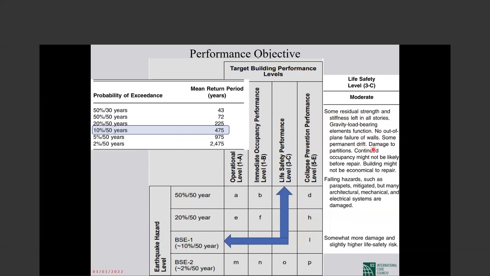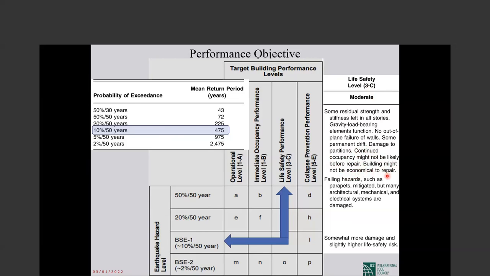Yes, it has some permanent damage. Damage to partitions. Continued occupancy might not be likely before enough repair. So you can't stay, even though it satisfies life safety, but life safety means this. Building might not be economical to repair, which is true.